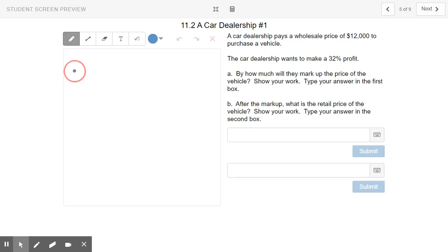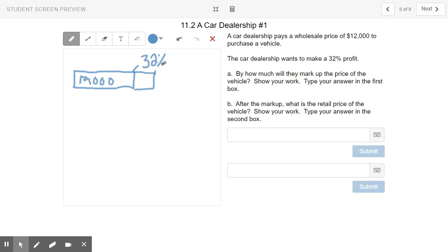So the way that works is you have the wholesale price, and that was $12,000. So that means that the car dealership paid that amount to get the car. Now, they want to add on a 32% markup.